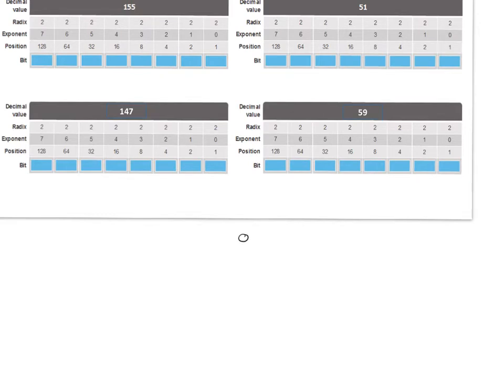It's not more than 64, so it's 0. It's more than 32, so it's 1. And 51 minus 32 is 19. So 19 is more than 16, so it's 1. And 19 minus 16 is 3. 3 is actually 0011. That's it.